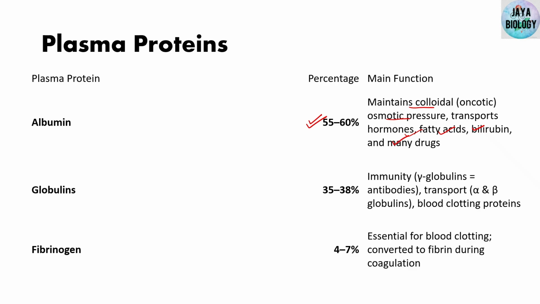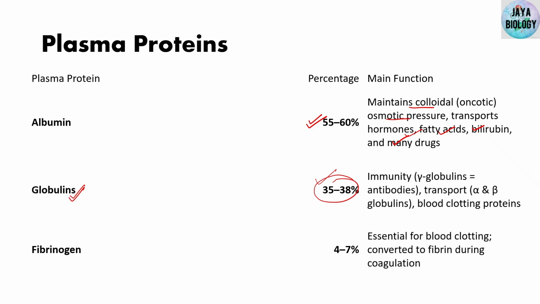And this pressure will prevent excess loss of water from the blood vessel into the surrounding. If albumin level decreases, oncotic pressure decreases and fluid will accumulate in the tissue, a condition known as edema.